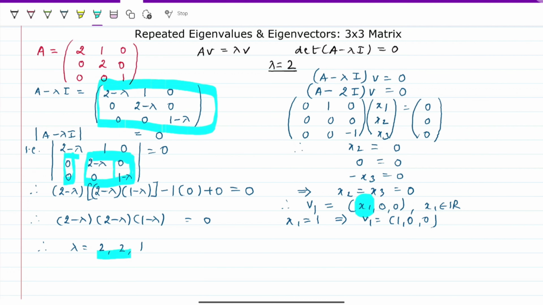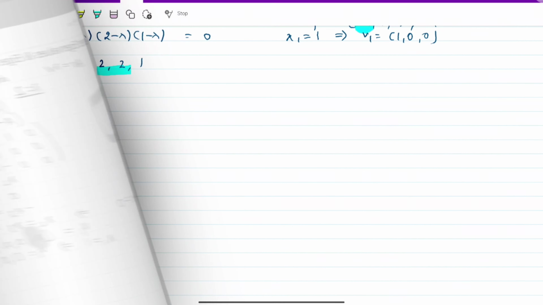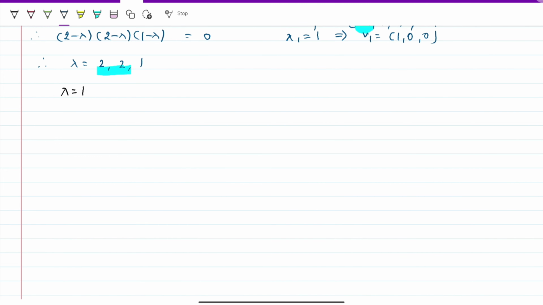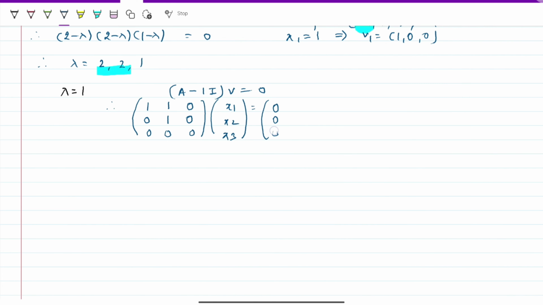Now let's calculate the eigenvector for lambda equal to 1. So the equation reduces to A minus 1 times I into V is equal to 0, which gives us 2 minus 1, that is 1, 1, 0; 0, again 2 minus 1, which is 1, 0; 0, 0 and 1 minus 1, which is 0, times V, which is x1, x2, x3, is equal to 0, 0, 0.